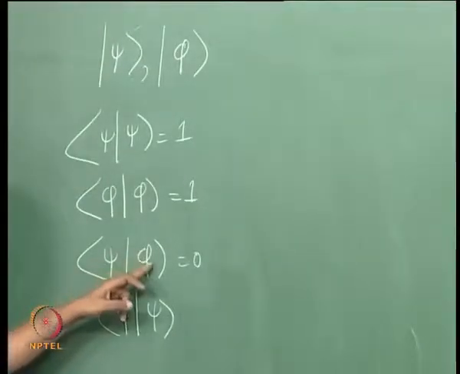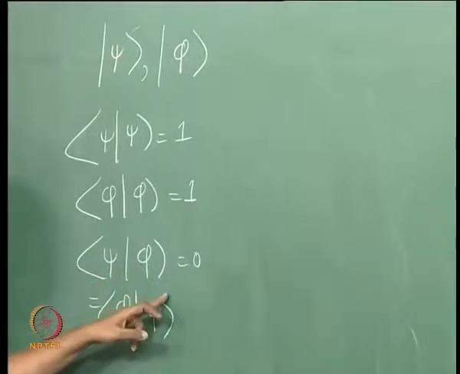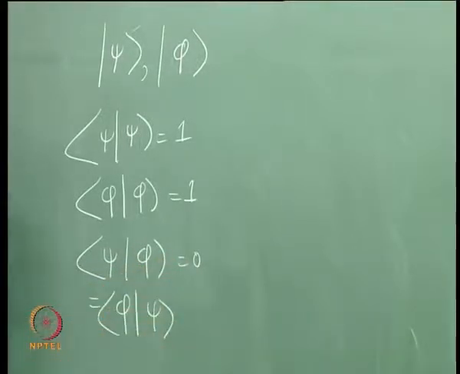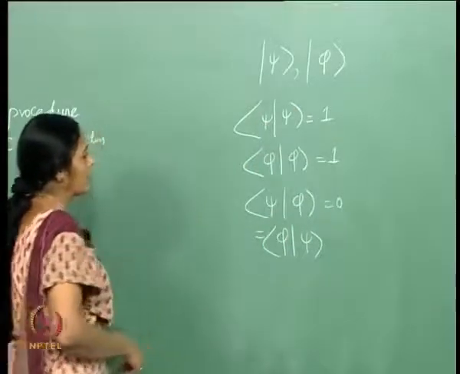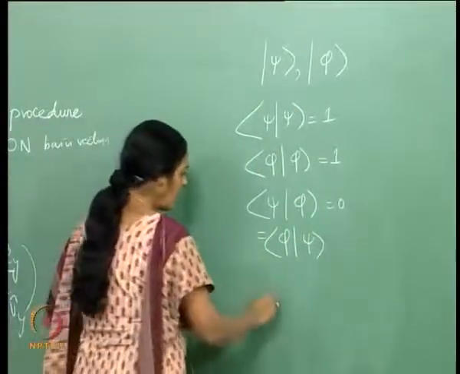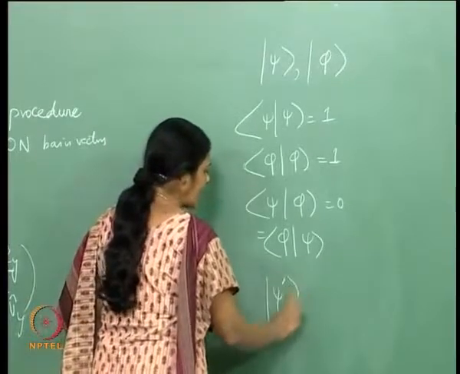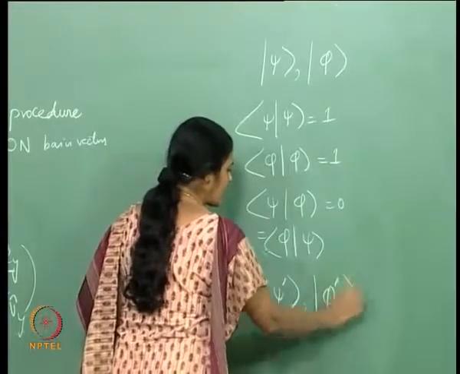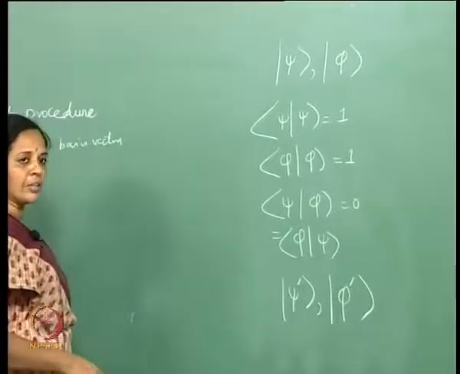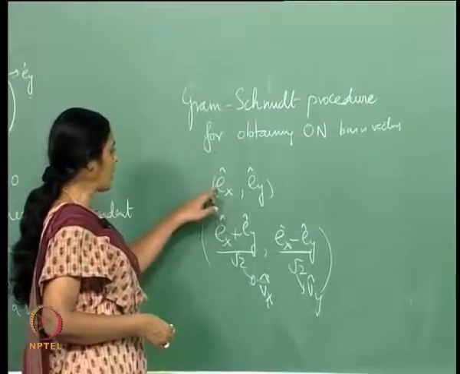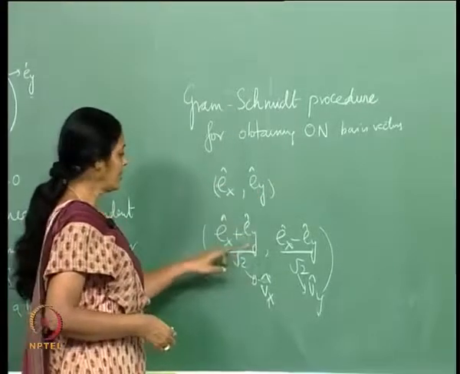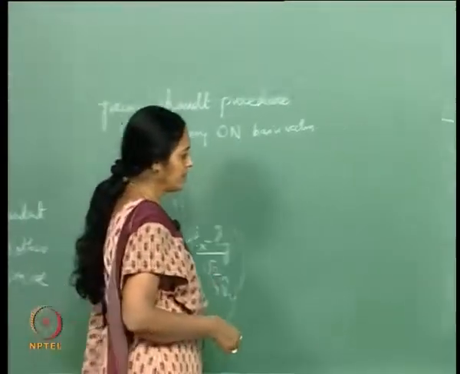Normally, psi phi inner product would be phi psi complex conjugate, but that is 0. So, I can write it in this fashion. So, I have already assumed that it is an orthonormal basis set. Now, let me imagine that I have another basis set psi prime and phi prime in that linear vector space. This could be an example, psi and phi, psi prime and phi prime.